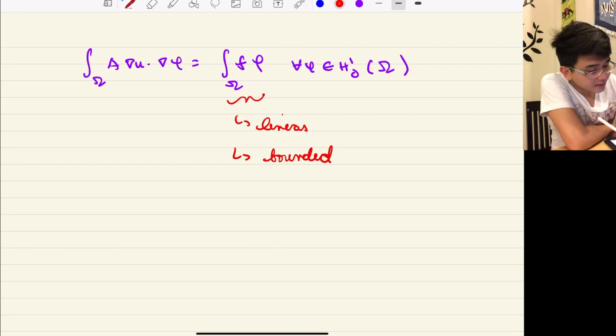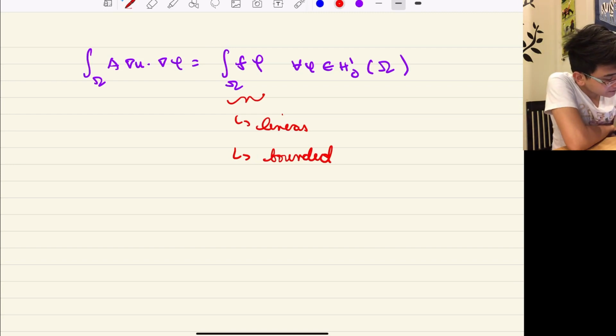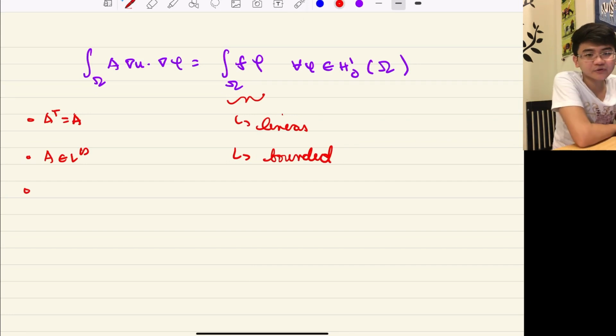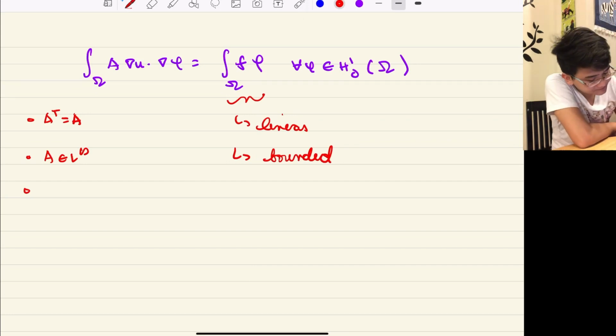Okay. Now, the more interesting part is the other one. Because of the symmetry property, A transpose equals A, the boundedness, A in L infinity, and the ellipticity condition, lambda I less than or equal to this.